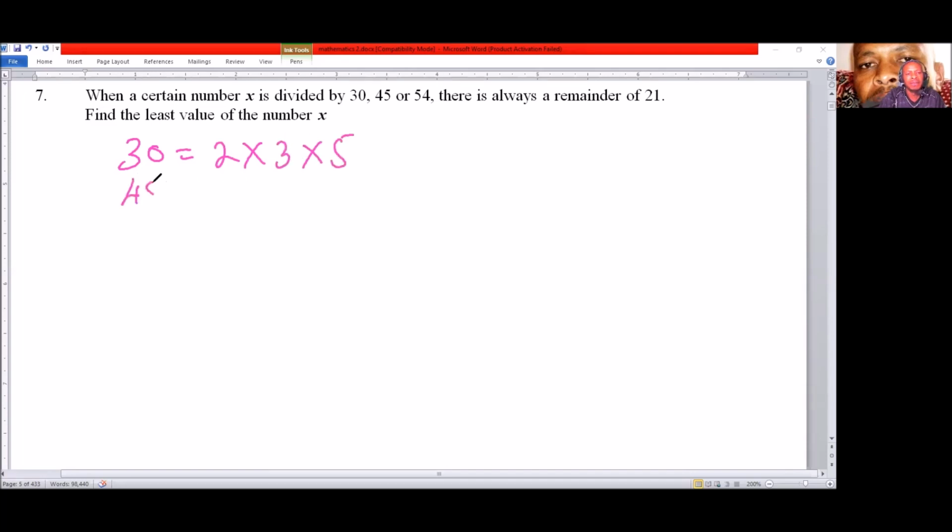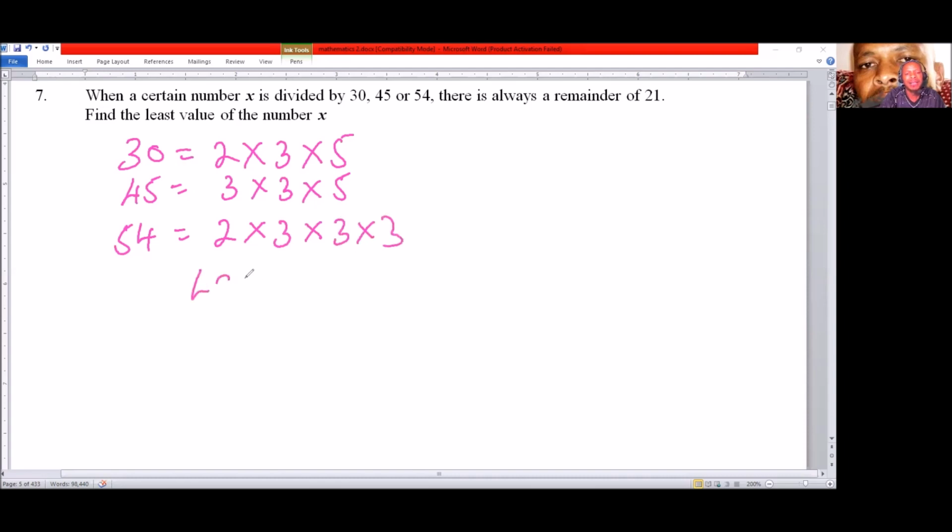Then 45, by 3 you get 15, by 3 you get 5. Then 54, you divide by 2, you get 27. Divide by 3, you get 9. 9 is 3 times 3.